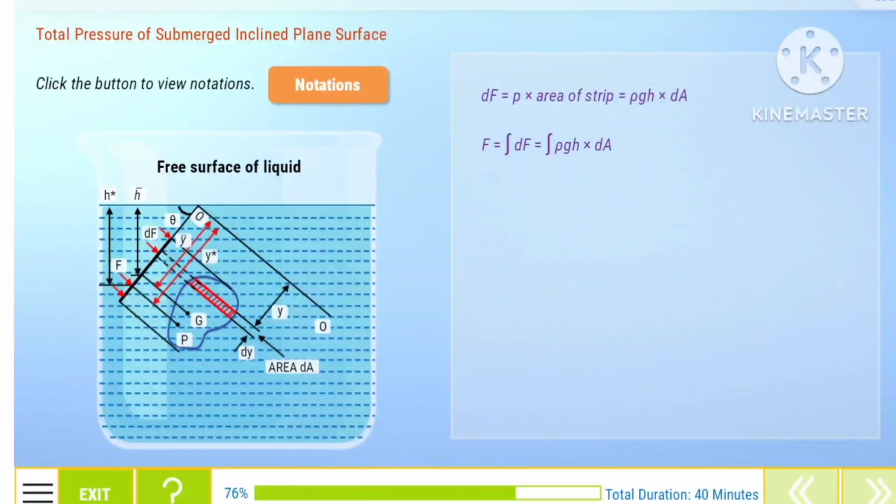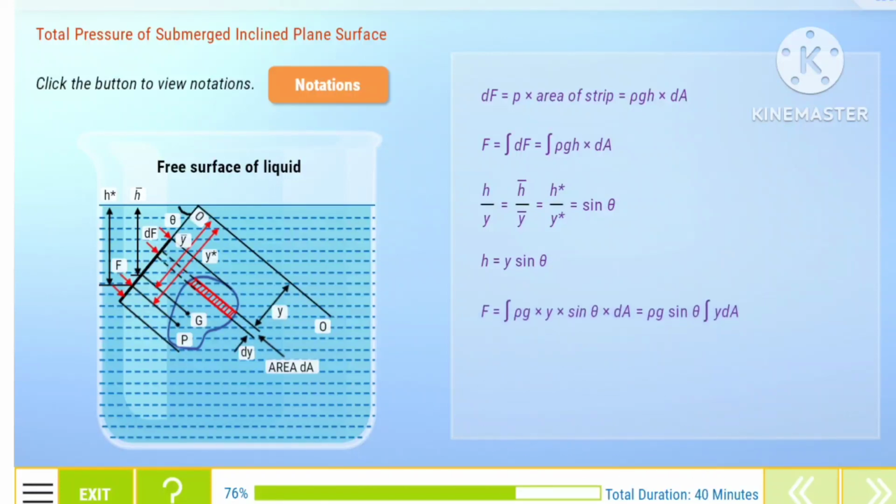The total pressure force on the whole area F is equal to integral of dF, which is equal to integral of rho g h dA. However, from the image, we have the equation h by y is equal to h bar by y bar, which is equal to h star by y star, which in turn is equal to sine theta. Then h is equal to y into sine theta.